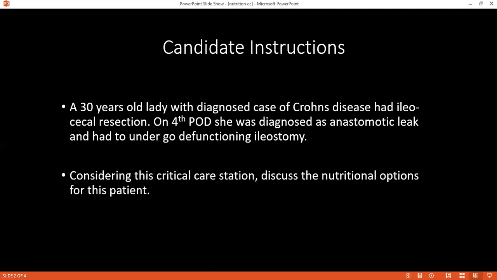What test would you ask for to confirm that the nutrition you're giving to this patient is adequate?